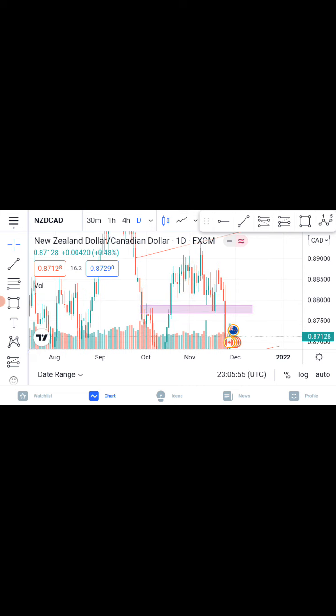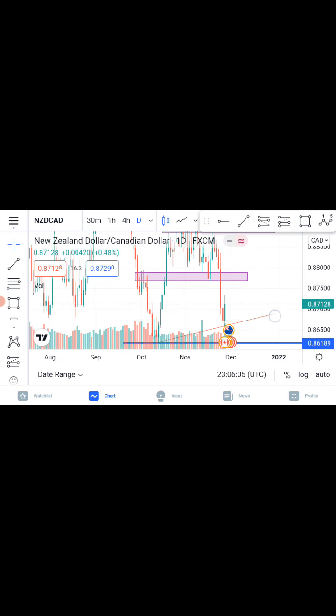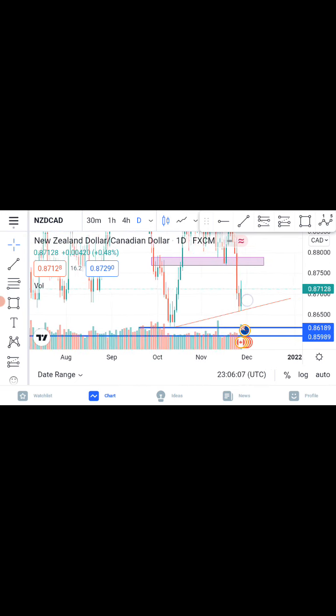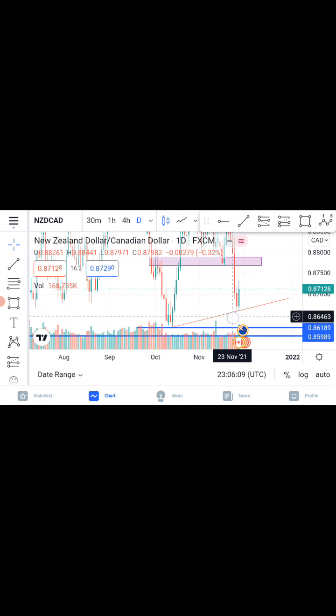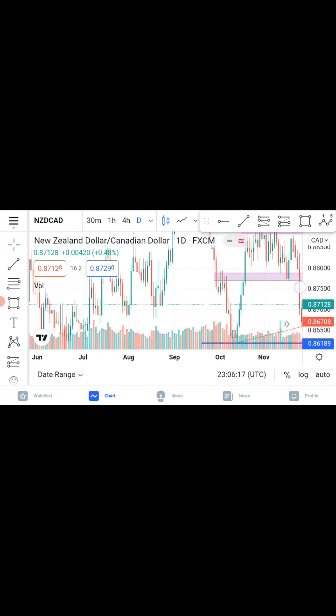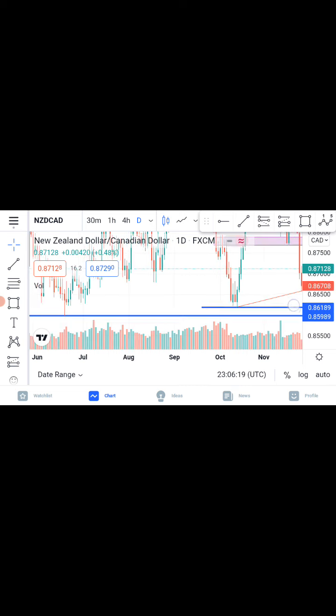See, guys, and then over here, because the market was consolidating, had no direction, it was just going up, down, up, down. So now for NZDCAD, I'm seeing a buy all the way from this support to this resistance over there. See, guys.